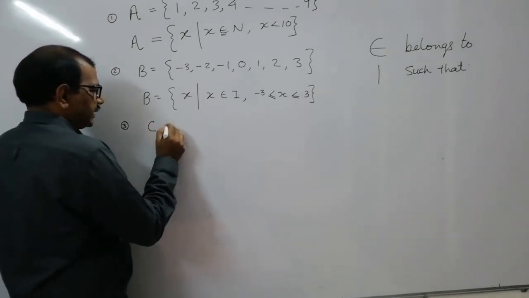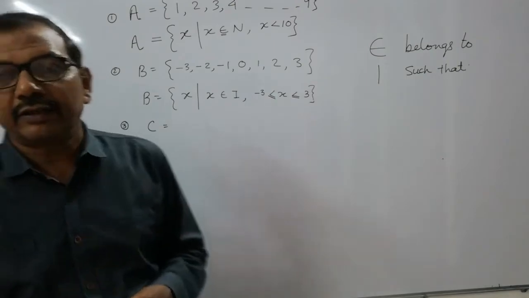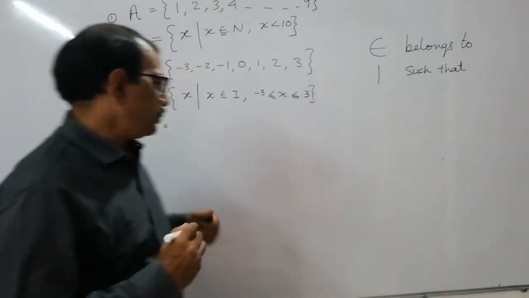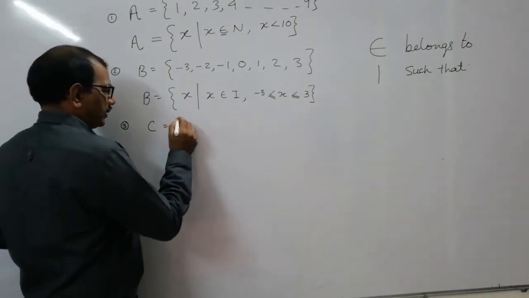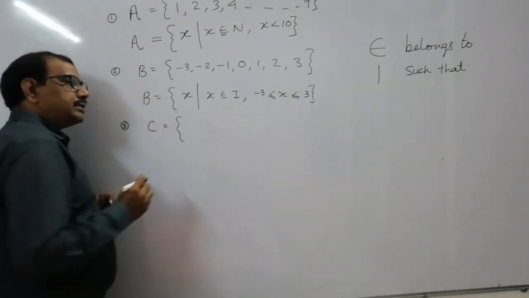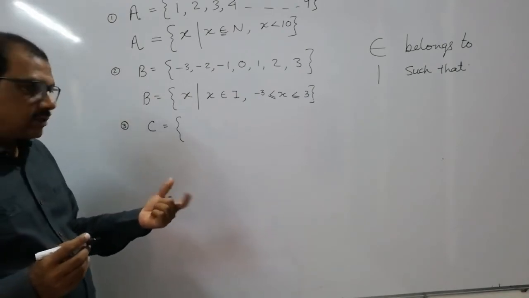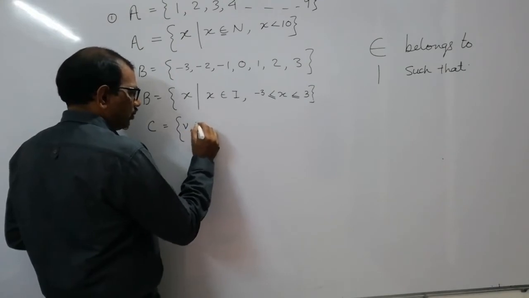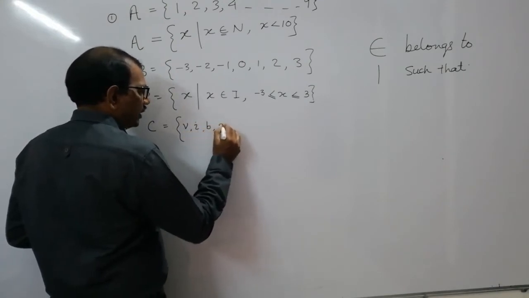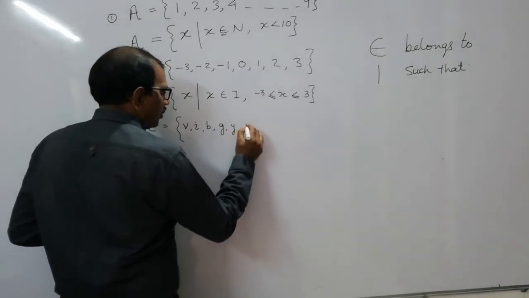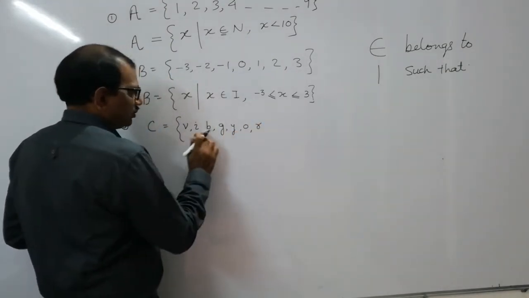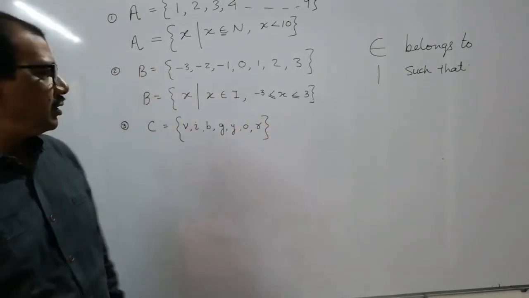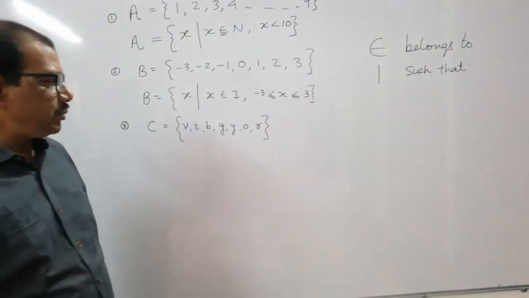C is a set of colors in a rainbow. तो listing method में we have to list all the colors, right? तो हम लिखेंगे small letters में violet, indigo, blue, green, yellow, orange, red, 6, 7, right? All these are colors in a rainbow, right?